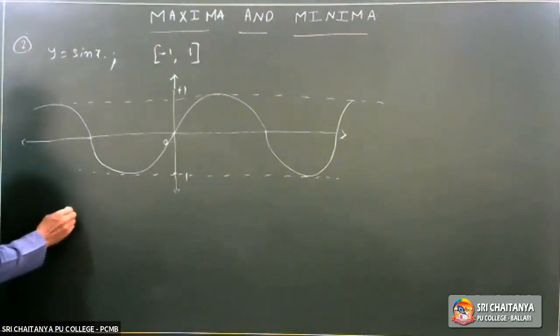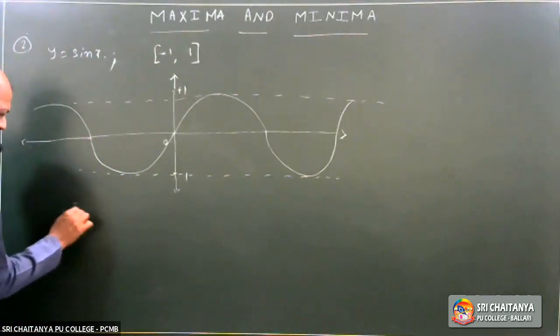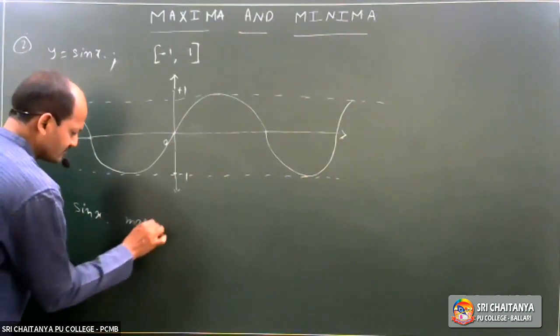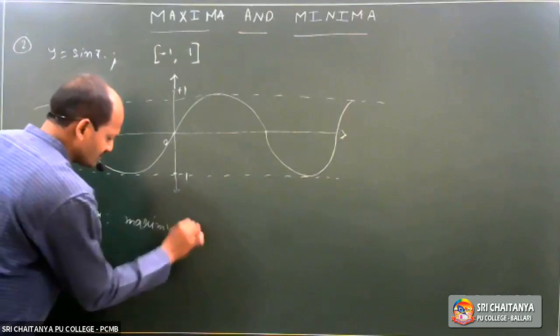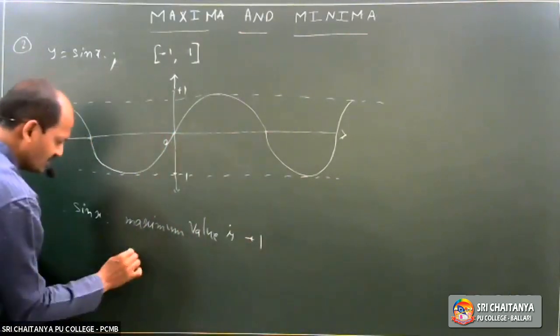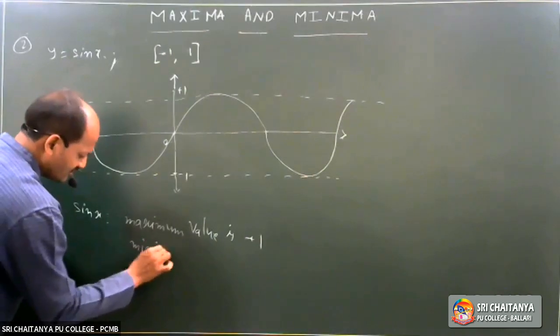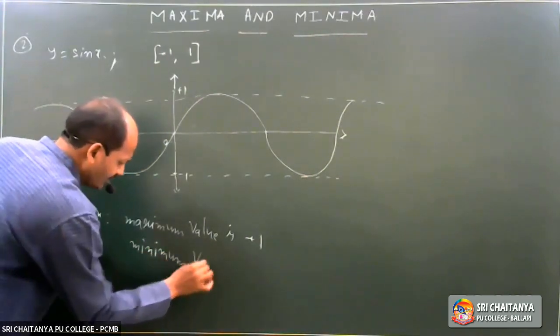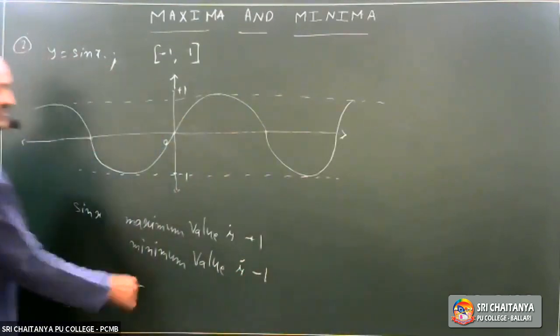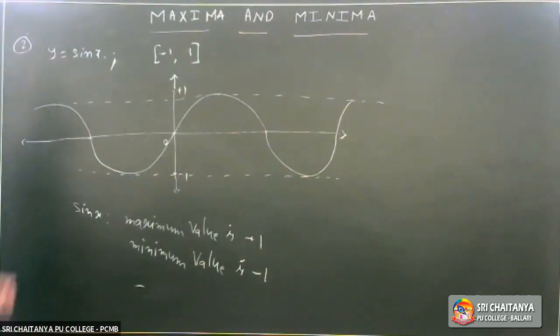Therefore, sin x has maximum value plus 1 and minimum value minus 1. Write down the y equal to sin x graph.